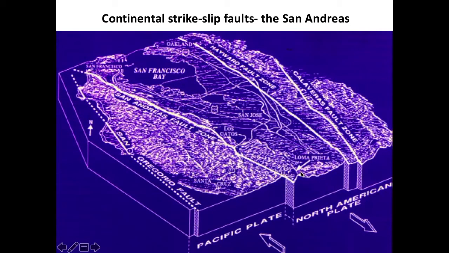So the San Andreas is often associated with a system of other faults, some of which are older and less active. All of the faults here have the same sense of offset. So think about this for a second, if it's right or left lateral. It's a right lateral fault.